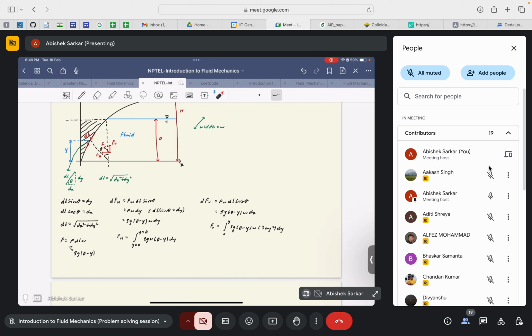Similarly, the vertical force component is Pw into dl cos theta. This angle is also theta, so Fv is F cos theta, so dFv would be Pw dl into cos theta. Then again the depth pressure force is rho g (d minus y) w times dl cos theta, which is dx.